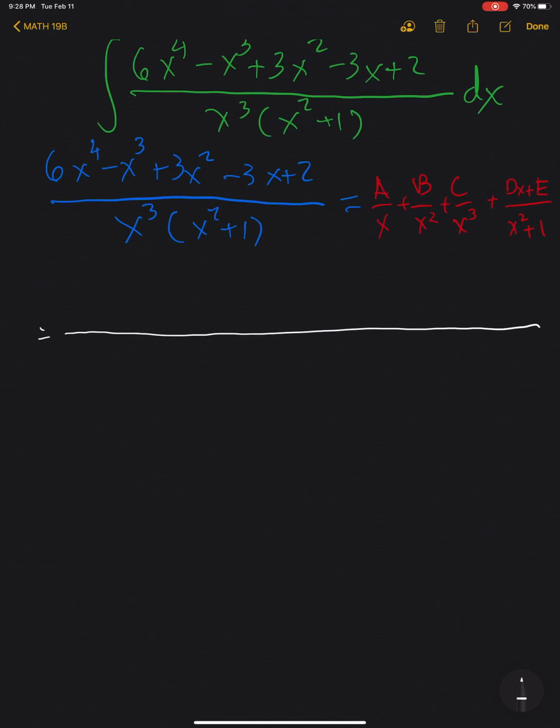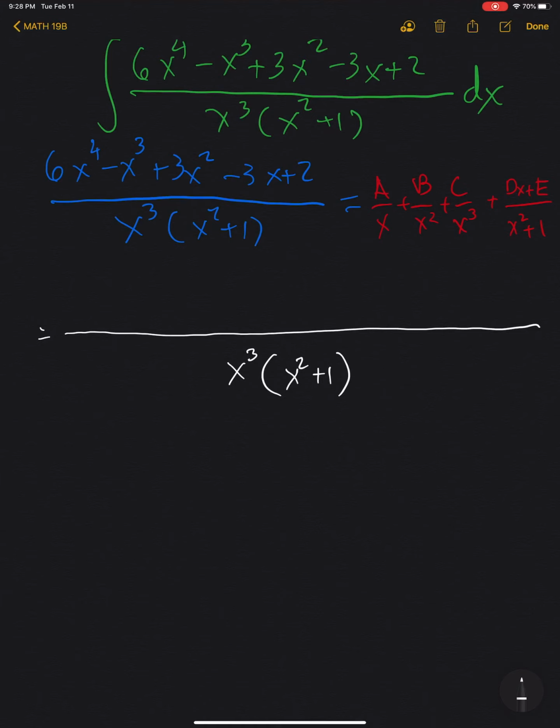For this, I will add the fractions that we have over here. I already know the lowest common denominator: it is the exact same expression I started with, x cubed times x squared plus 1.